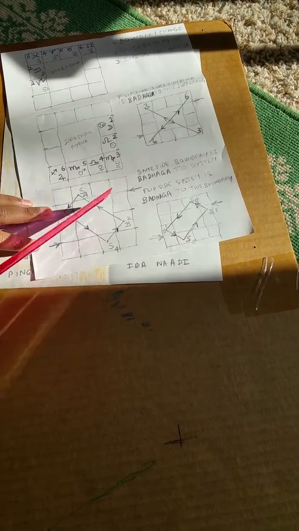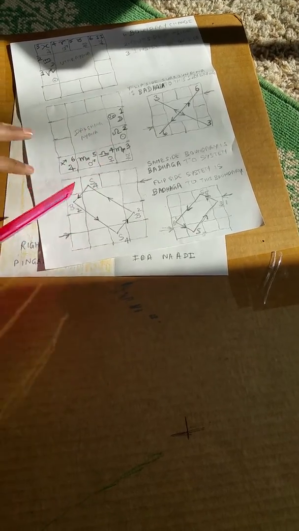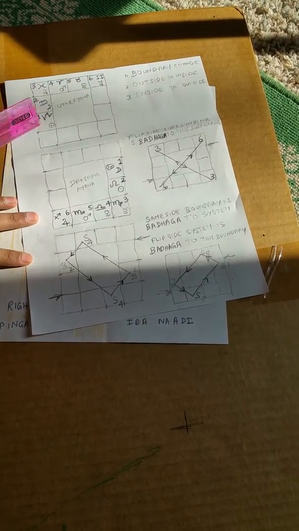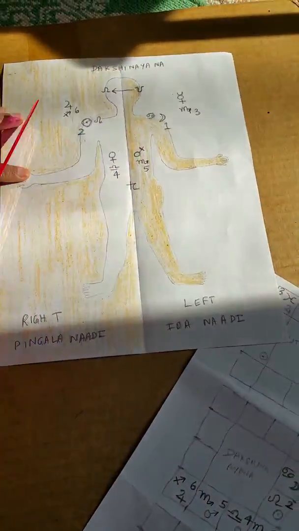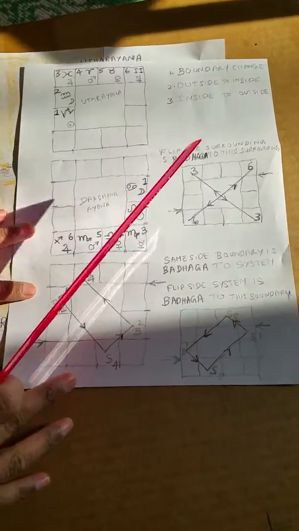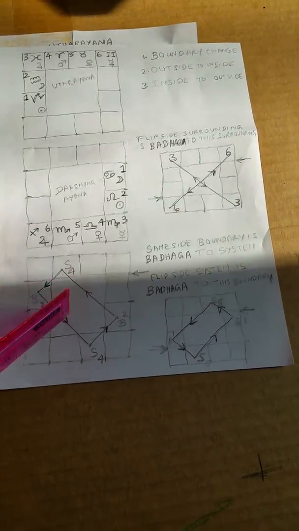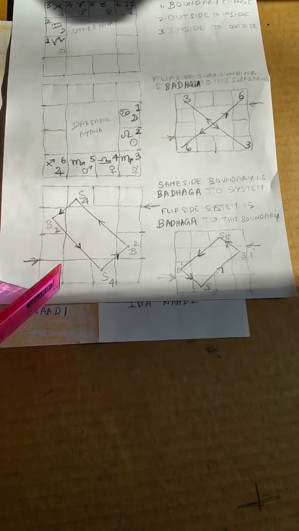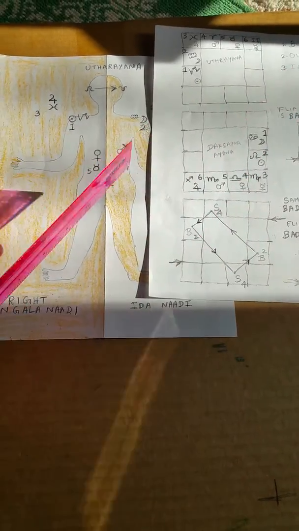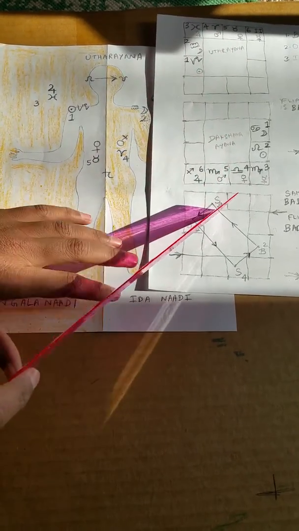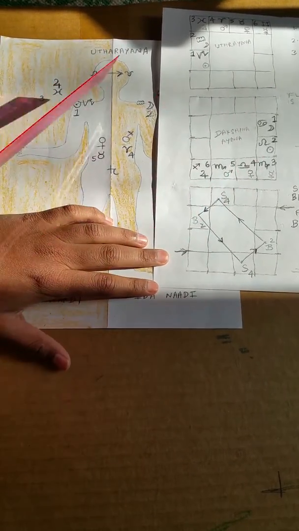So why is it the same side? Because we saw that it's the Uttarayana. Uttarayana is one side, Dakshinayana is the opposite side. So in Uttarayana, you can see what is the system here. Uttarayana system is Aries.